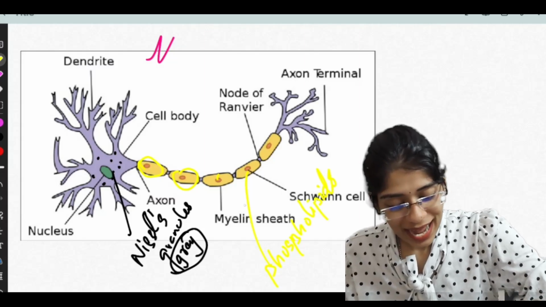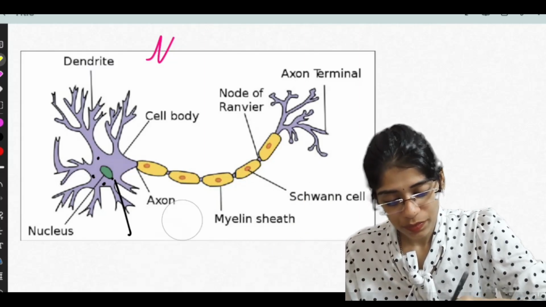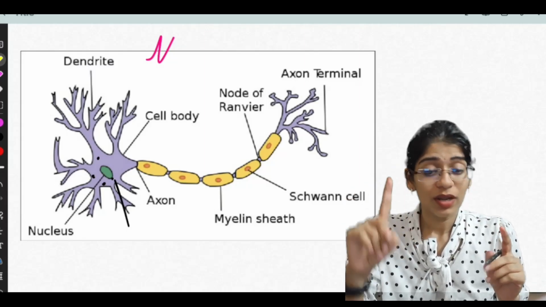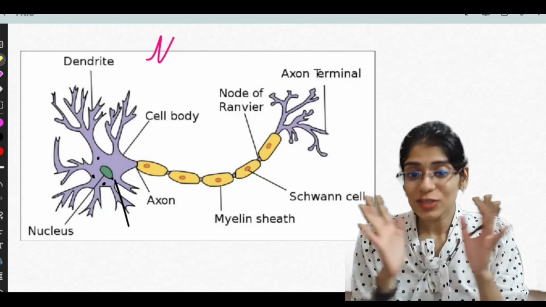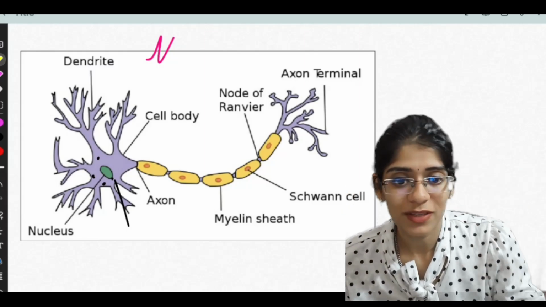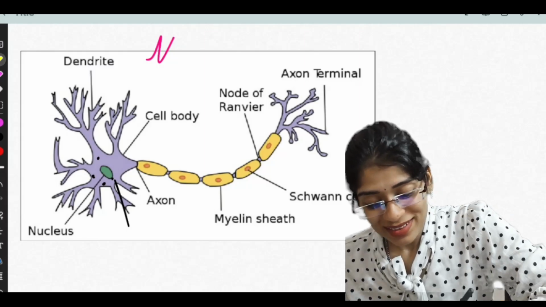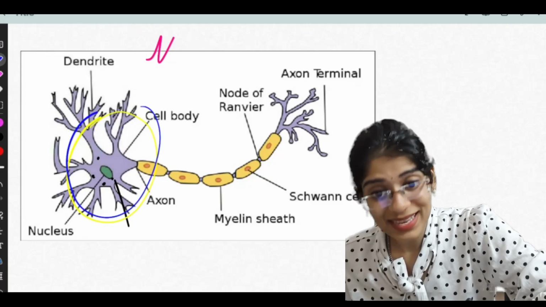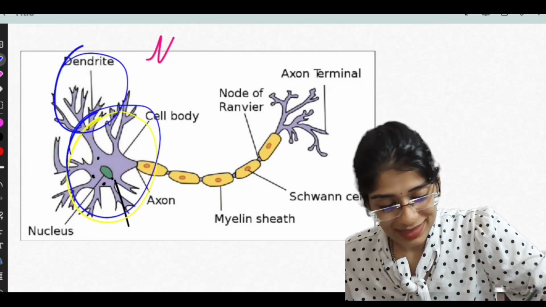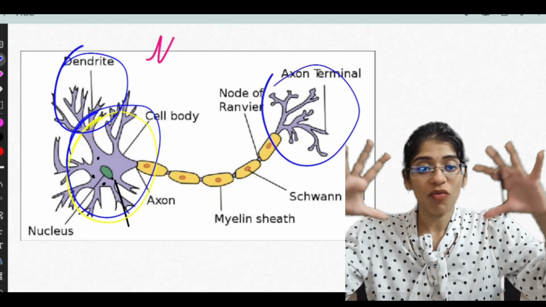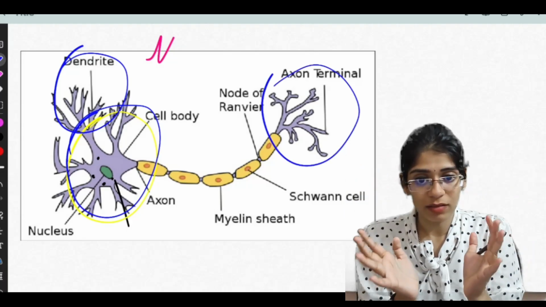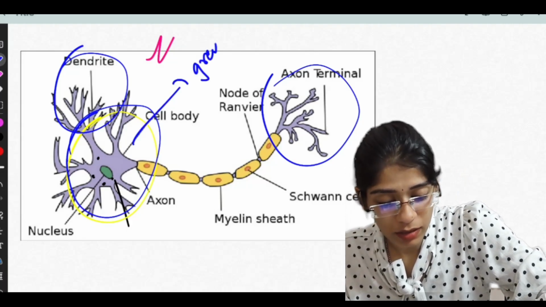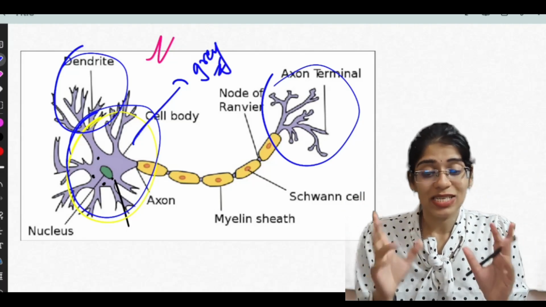Now, this is just one neuron. The brain and spinal cord have lots of neurons, right? A lot of them make up these two structures. When the cell bodies, the dendrites, and the axon terminals of many neurons come together, that part looks grey in color, and that is why that area is called grey matter.